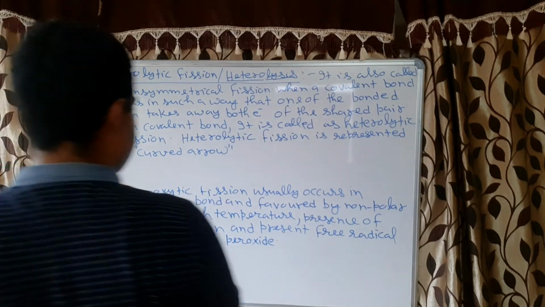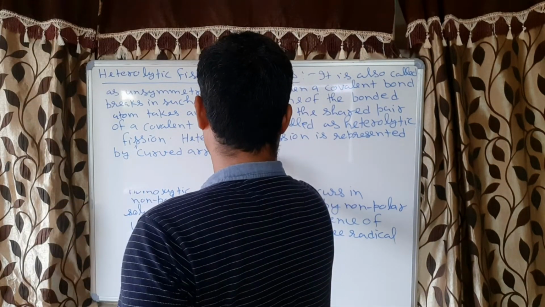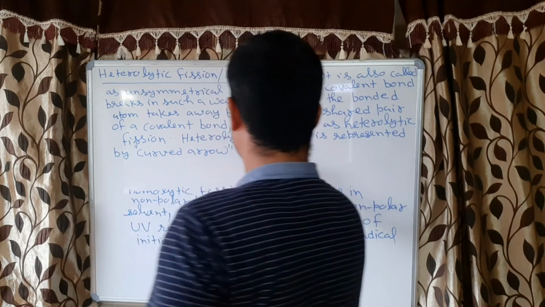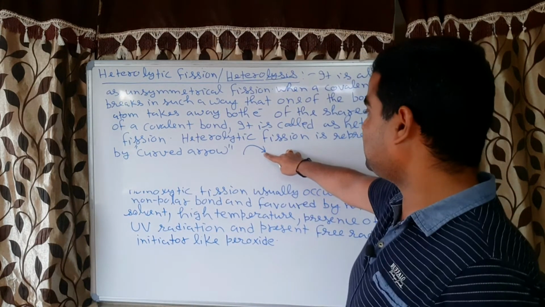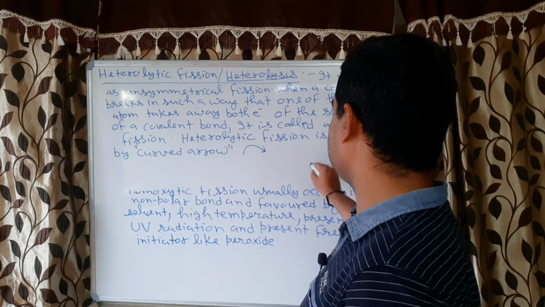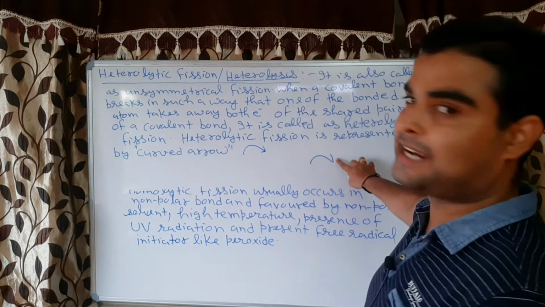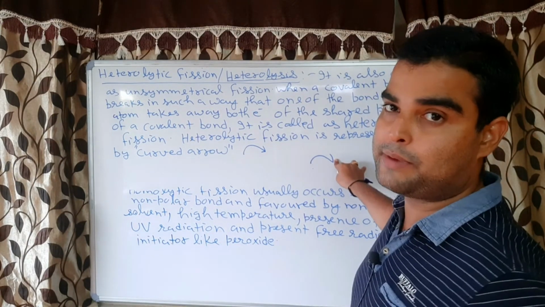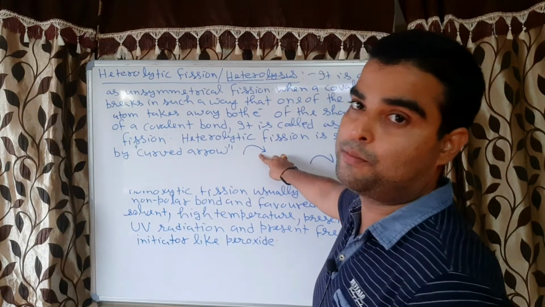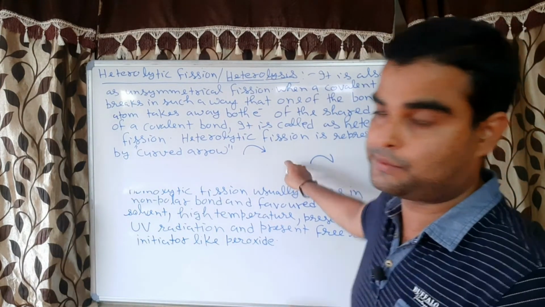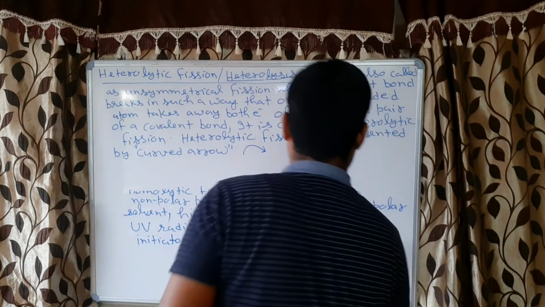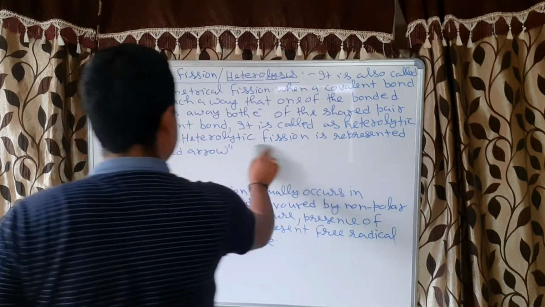Here you can see this arrow is both-sided. In the fish hook like arrow it was only one-sided. Both-sided arrow means two electron transfer. That's why it is represented by a curved arrow.